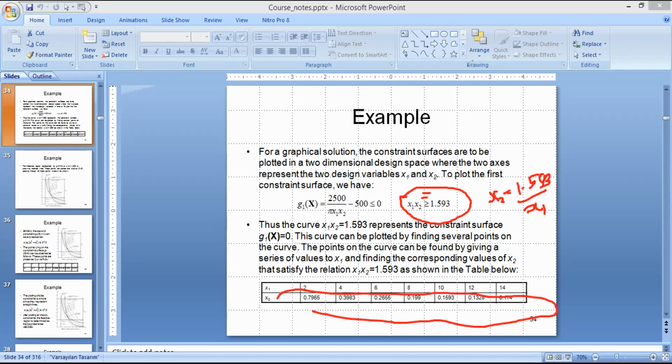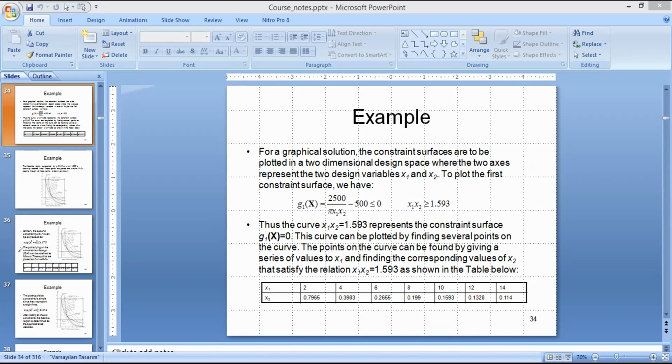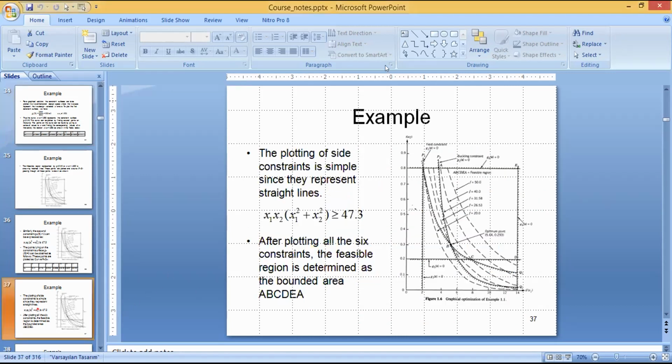Clear? Now, what is the second constraint? The second constraint is this one: x1 square plus x2 square greater than or equal to 47.3.